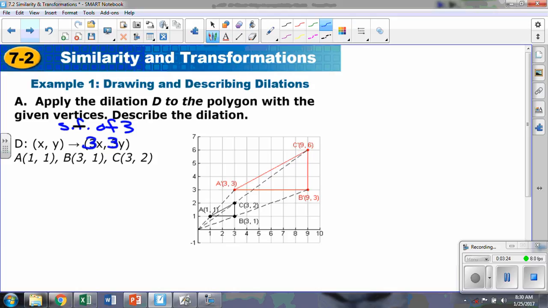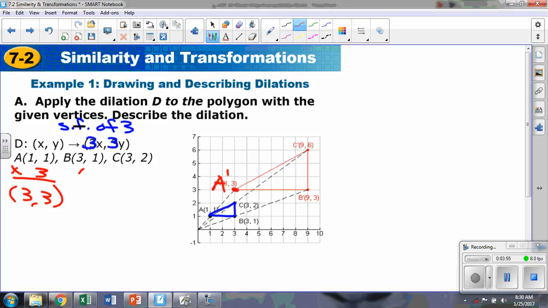What we're seeing then is this original shape, and all we have to do is multiply every single coordinate by our scale factor of 3. So, starting with this one in red, 1 and 1, multiply them both by 3. You get 3 and 3, which is how we located the point A prime.